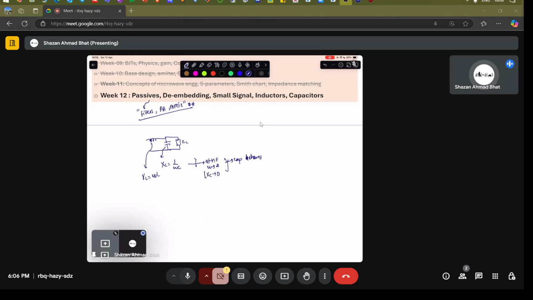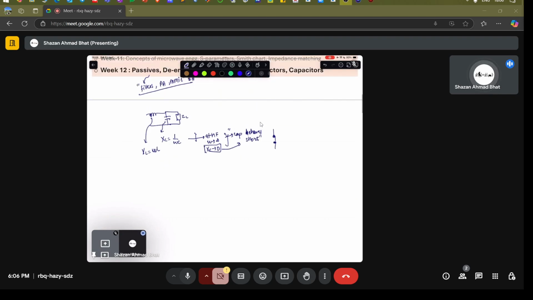The impedance tends to 0, so the capacitor behaves like a short, not an open. That means it allows everything to pass through it. So that's the behavior of a capacitor at high frequencies.